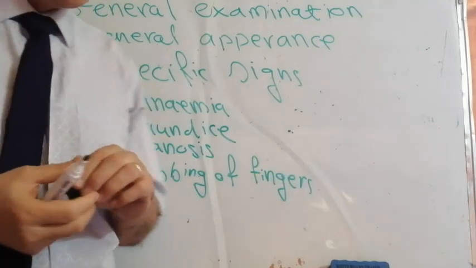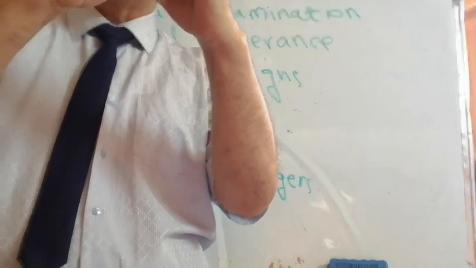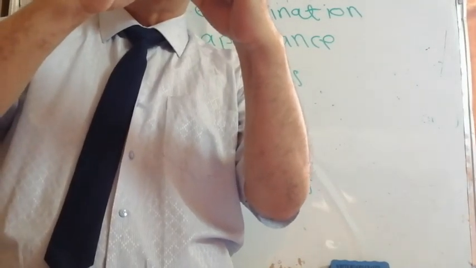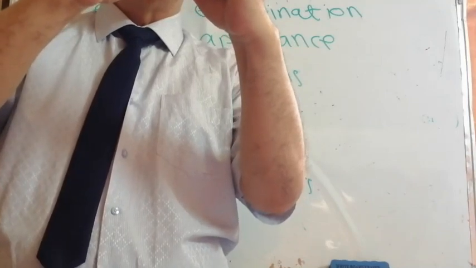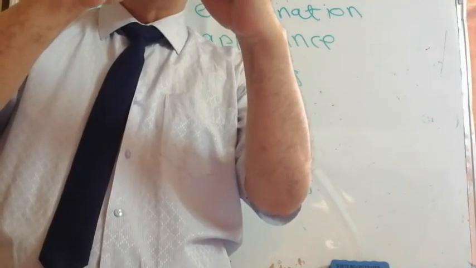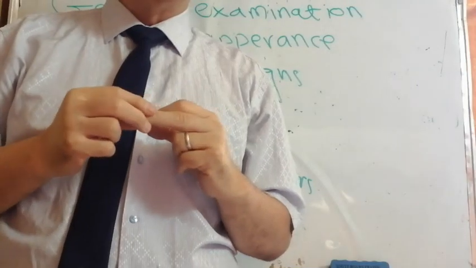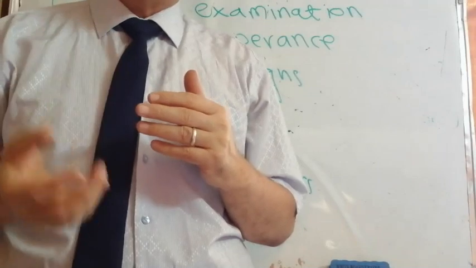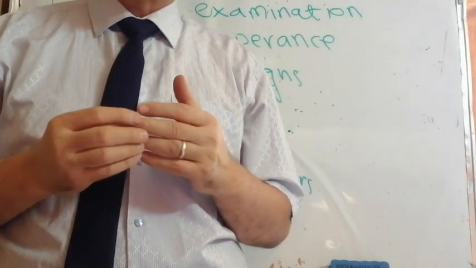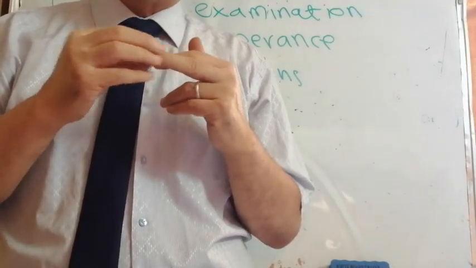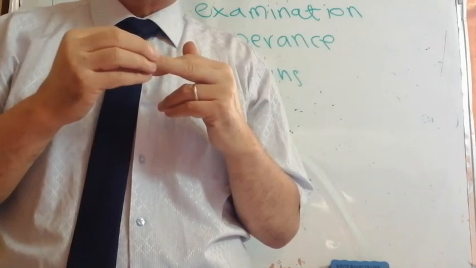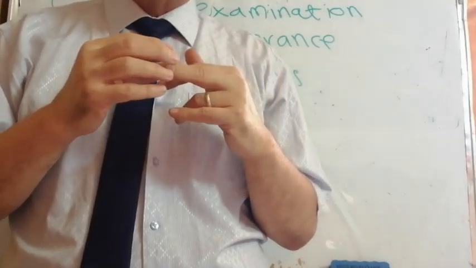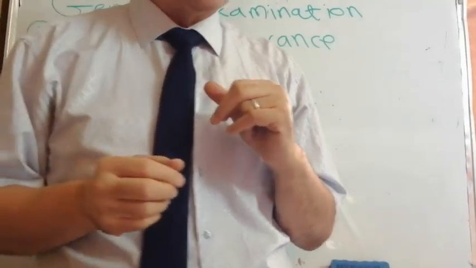In clubbing of fingers, you put your hands together and you can see there is what is called the Schamroth window. If it is absent, it means there is clubbing of the fingers. Of course, clubbing has grades. The last or advanced stage of clubbing of fingers is the drumstick finger. Drumstick becomes similar to the stick of a drum, more obvious.